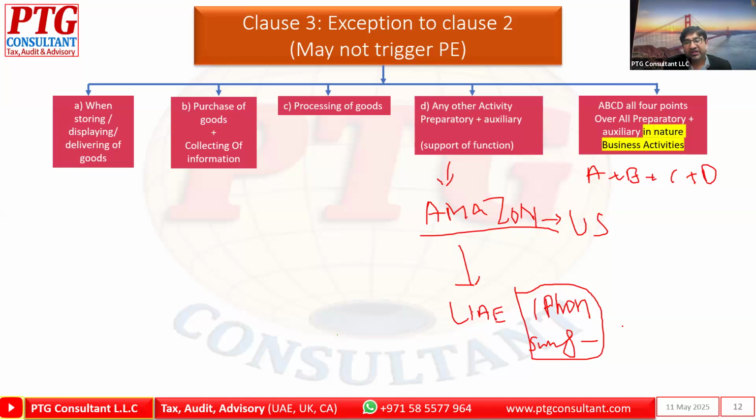They normally have a one year warranty. If some defect happens, what will they do? All this shipment will go back to the US, they will repair it and send it back here to UAE. It is feasible from a business point of view.